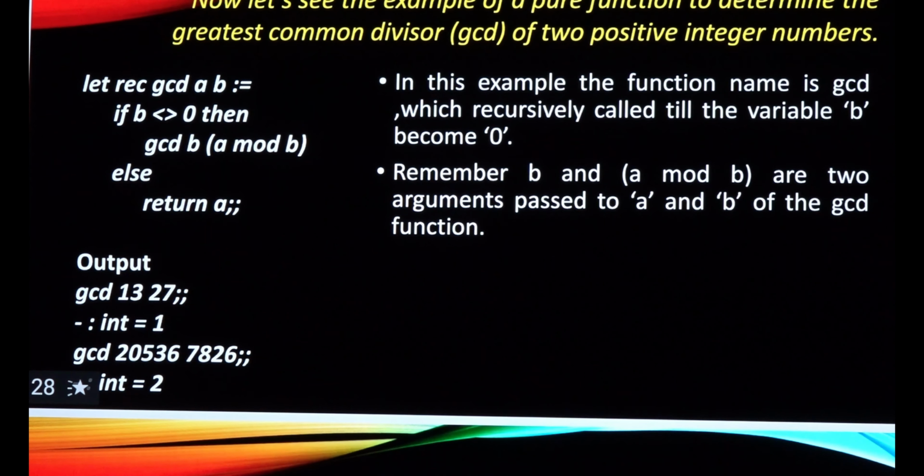We'll find out the result. Integer equal to 1. GCD is 205367826. Integer equal to 2. In this example, the function name is gcd, which is recursively called till the variable b becomes 0. Remember, b and a mod b are the two arguments passed to the gcd function's a and b.